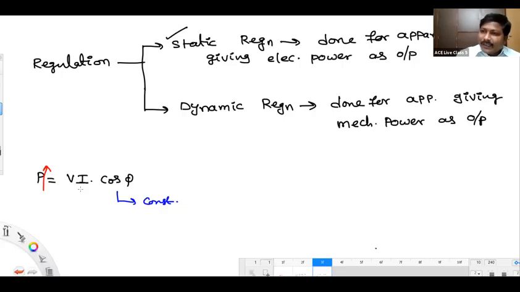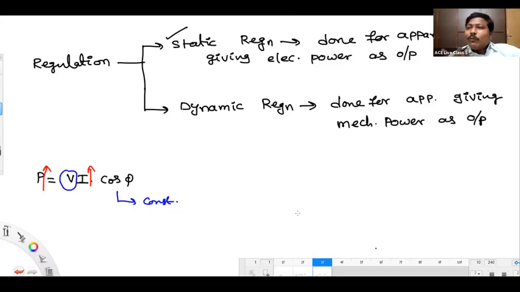What happens to the voltage value? What happens to the current value? Anybody please tell me. The voltage value will be more or less the same, but the current value is going to increase to meet the power demand. But definitely, certain variation we can expect in the voltage because of the load variation.